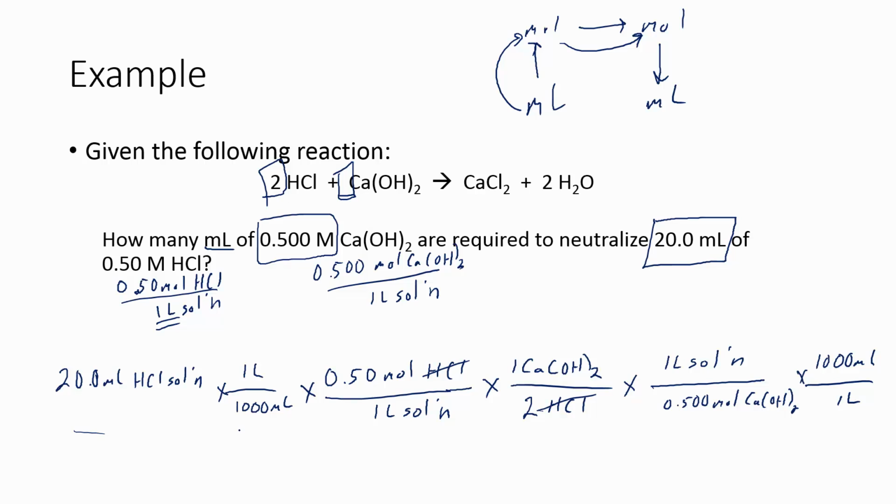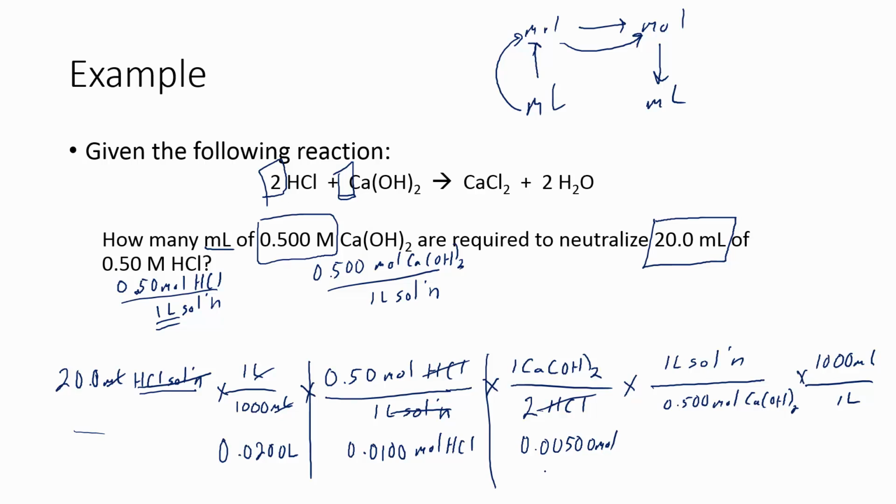So after this first step, I have 0.0200 liters of hydrochloric acid solution. After this next step, I have 0.0100 moles of hydrochloric acid, because liters of solution have canceled. After this next step, I'm going to have 0.00500 moles of calcium hydroxide, right?